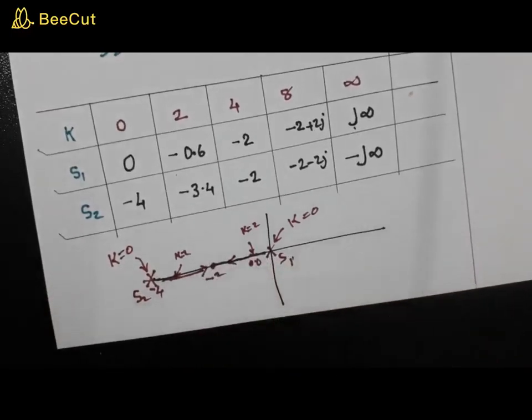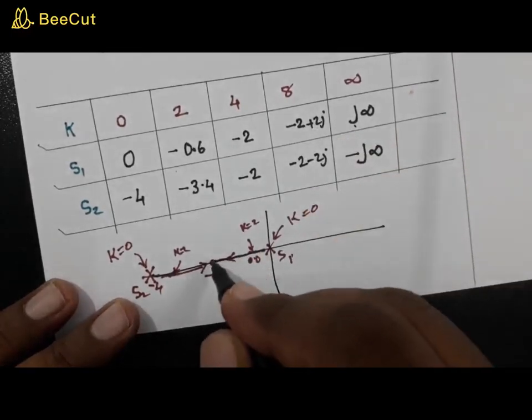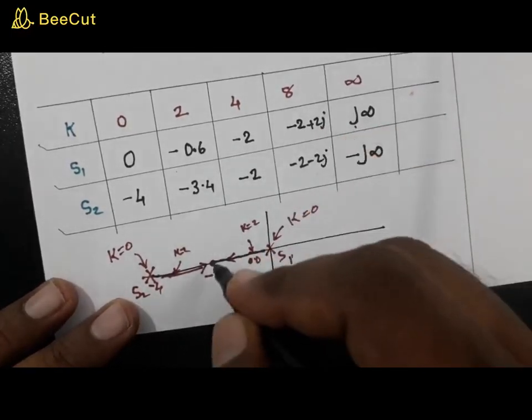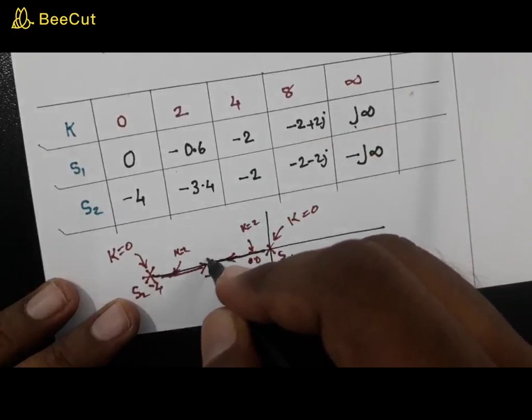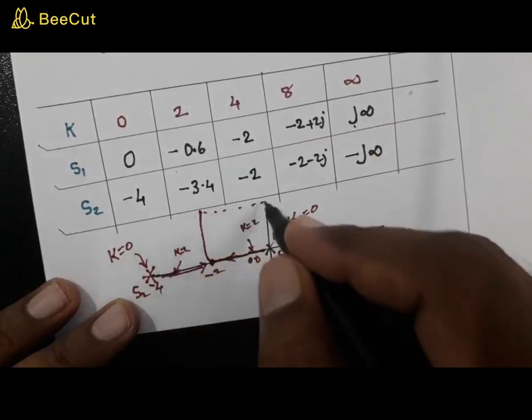Now there is going to be a tussle, a war between those two. They meet together, they don't like each other, so they will have to part. They fight and part in such a way that one, s1, moves in the direction of minus 2 plus 2j. So one will be going in this way. This is minus 2 plus 2j.